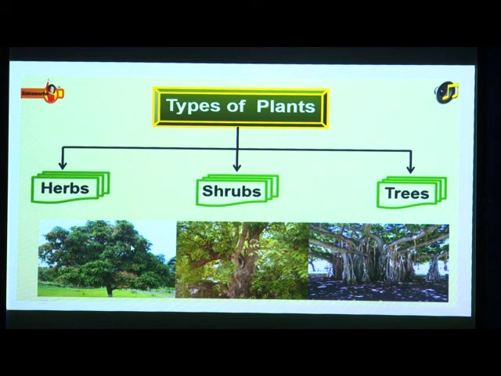Herbs have a green stem, shrubs have a small wooden stem, and trees have a very big trunk. Herbs are small in size, shrubs are not too big and not too small, and trees are very big in size. So, these are the categories of plants, divided according to their size and shape.